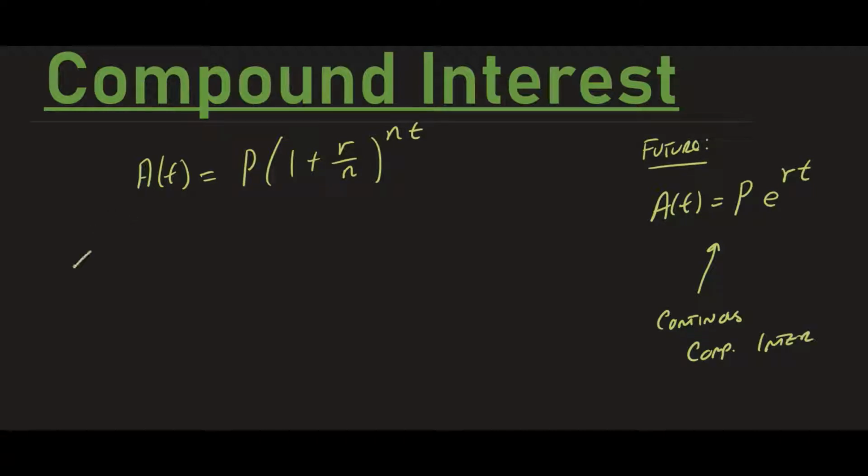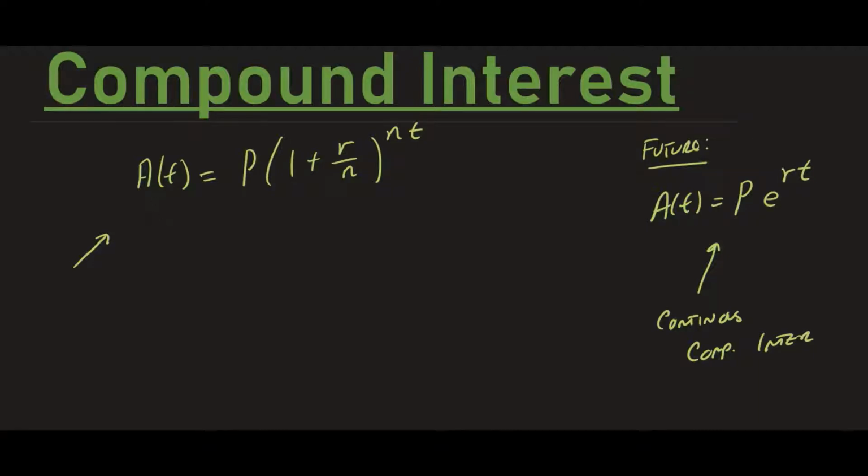And this one that we're going to talk about today is just talking about interest that is compounded either monthly, weekly, daily, once a year, twice a year, and so forth. So not continuous.